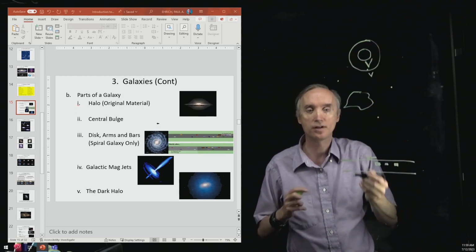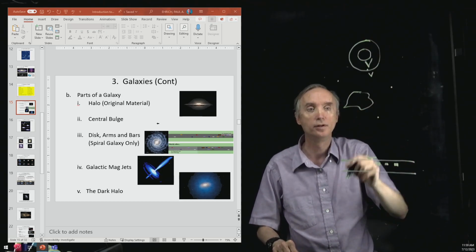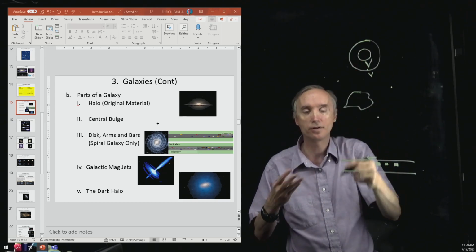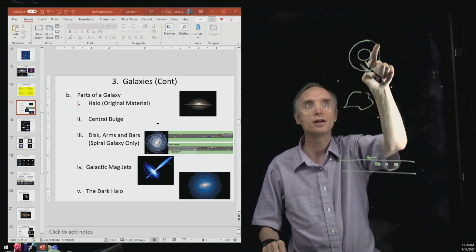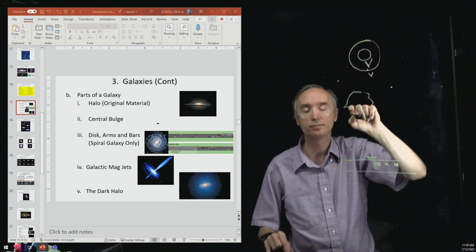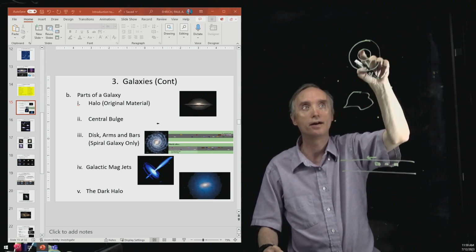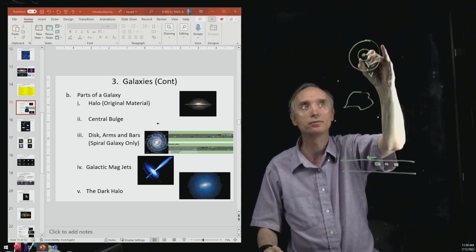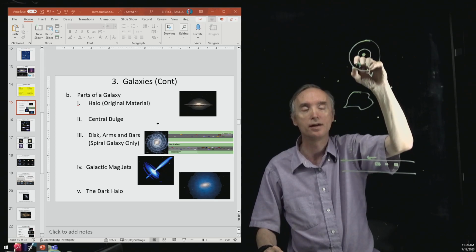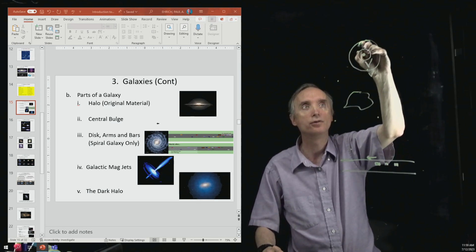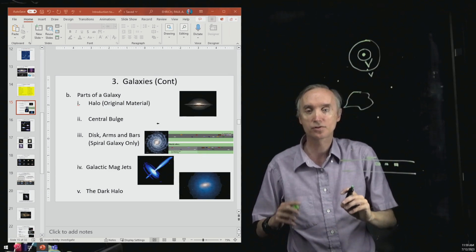So according to Kepler's laws, the further out you get from an object that is exerting gravity, the slower you're going to go. So now let's pretend that this thing, instead of being a solar system, is a galaxy. Some stars orbiting the central bulge are going to be able to go around very, very fast. Then out here, you're going to have the stars that are going around the central bulge much slower.